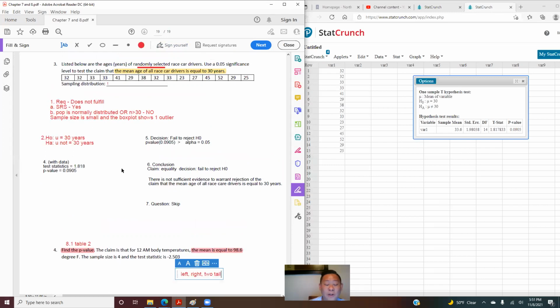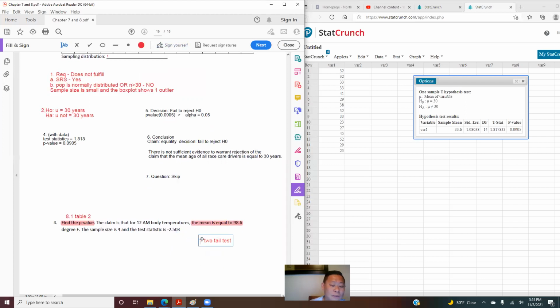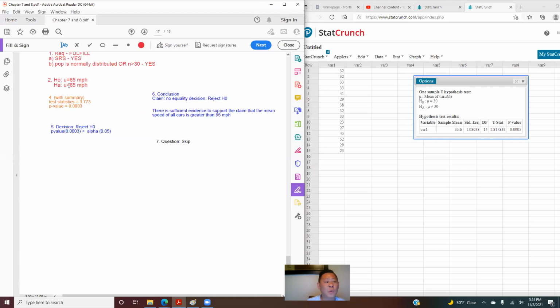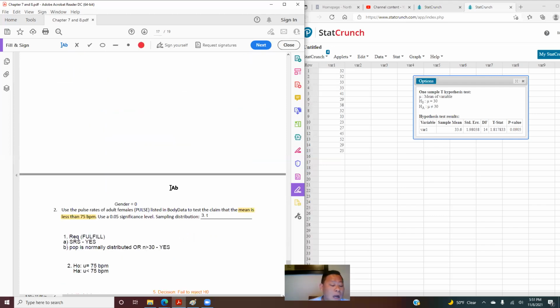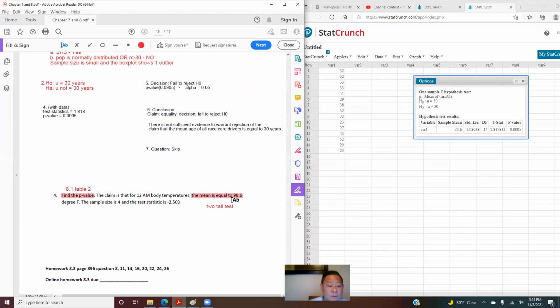Where you do equal and not equal. So this is a two-tail test because we are doing equal, not equal to. If you're doing less than, this is left tail because the arrow points to the left. If you use greater than, it's a right tail because it's pointing to the right. So this is going to be a two-tail test because it's an equal here.